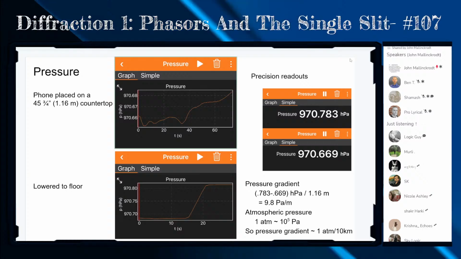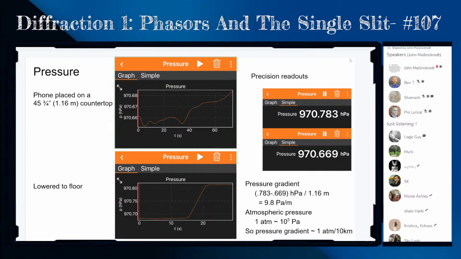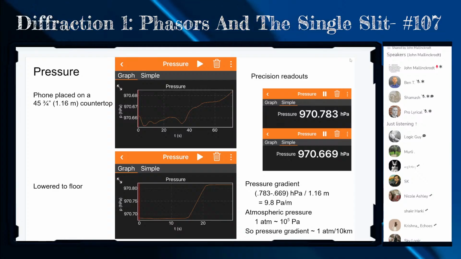And I don't think I took it long enough here to reliably say that what you see there is an increasing trend, because it does fluctuate, especially if you're inside a house, if there's any kind of air conditioning system or any kind of ventilation, you might see pressure variations.